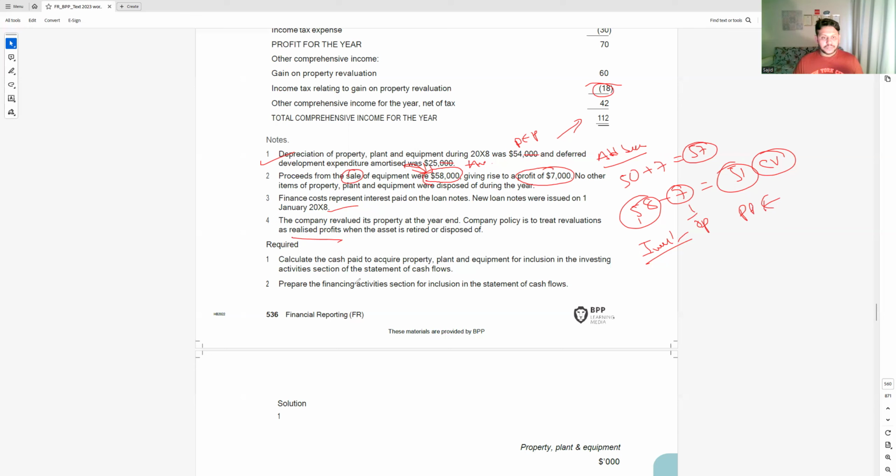All right, so we have here, calculate the cash paid for the property, plant and equipment for inclusion in the investing activities section in the statement of cash flows, and prepare the financing activities. So they are not asking for the operating activities. They're asking 2 questions here. One is how much we paid for the property, plant and equipment, the PPE, and the other one is the financing activities.